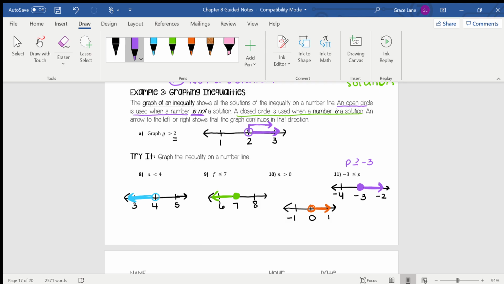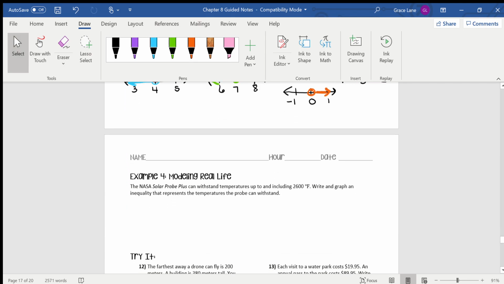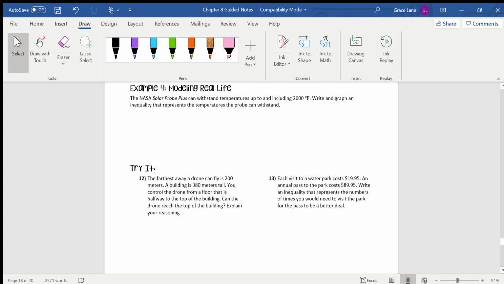Last few examples. Number 4. It says the NASA Solar Probe Plus can withstand temperatures up to and including 2,600 degrees Fahrenheit. Write and graph an inequality that represents the temperatures the probe can withstand. I think this is important, up to and including. So pick a number that you want to stand for temperatures.